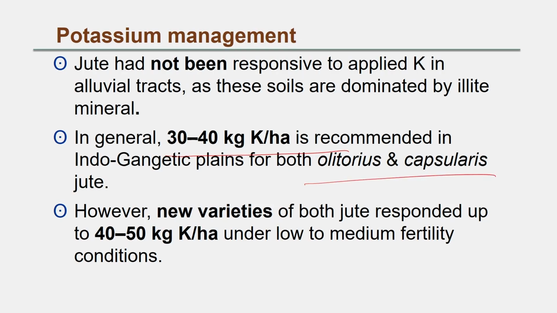However, new varieties of both jute responded up to 40 to 50 kg K per hectare under low to medium fertility conditions. These kinds of results have been reported by CRIJAF, Central Research Institute for Jute and Allied Fibres, Barrackpore. They have made a number of studies and these results have been taken from their studies.